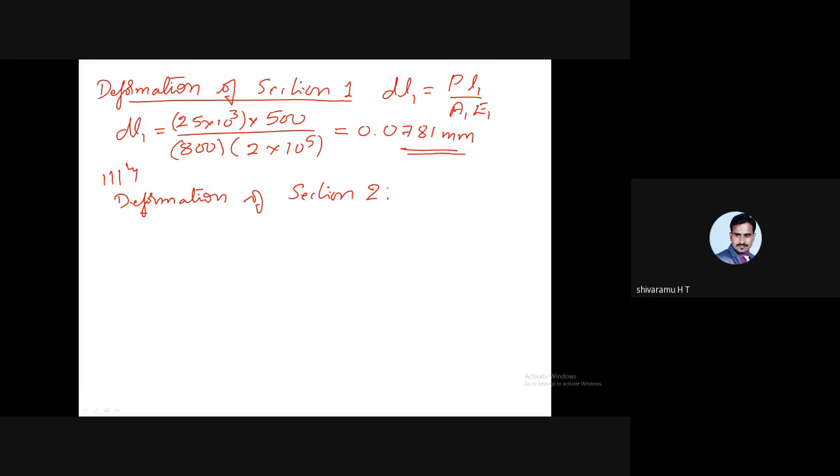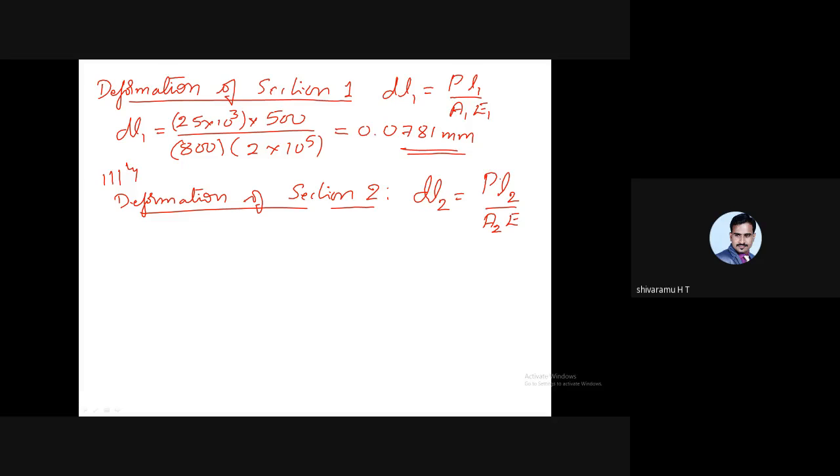So the deformation of section 2 will be dl2 is equal to P l2 divided by A2 E2. The standard deformation equation is PL divided by AE. Here the bar is made of different sections and different materials, but the same load is acting on both sections.